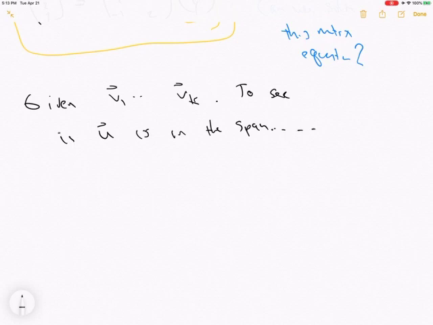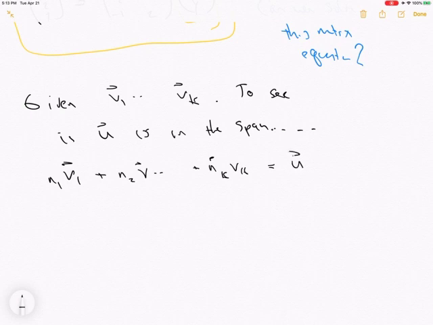What does that mean? Well, that means that there's some combination, some number times v1 plus some number times v2 plus some other number, down to k. We should be able to write this. That's literally the definition.